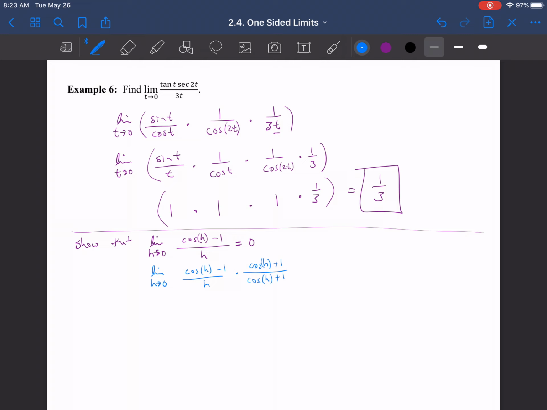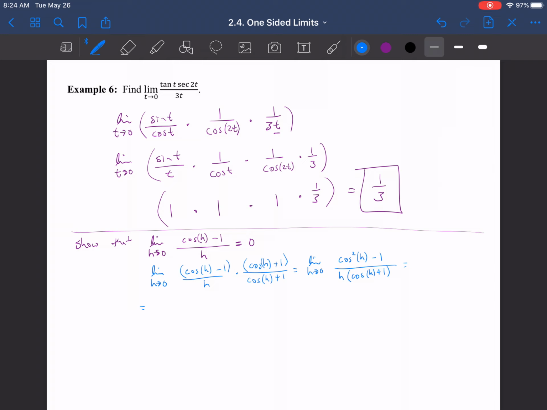Okay, and when I do that, what I can end up with here is the limit as h goes to 0 of cosine squared of h, so cosine of h squared minus 1. Okay, that's just me multiplying this on the top times that. And then in the denominator, what you get is h times cosine h plus 1, like that.